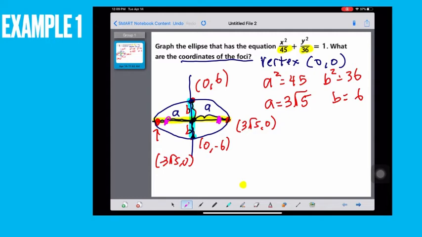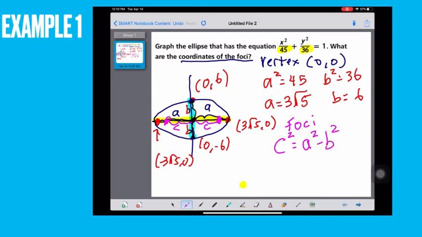Now, this distance right here and this distance right here, those are going to be the same, and we're going to call that the C distance, and we talked about that in a previous slide. When we're trying to find the foci, we use the formula that C squared is equal to A squared minus B squared.